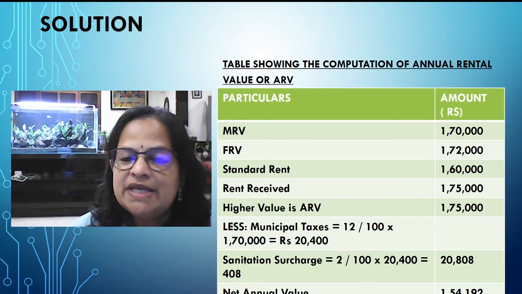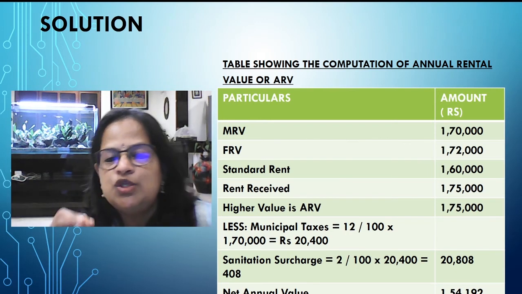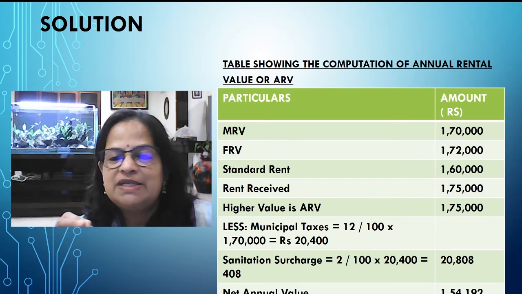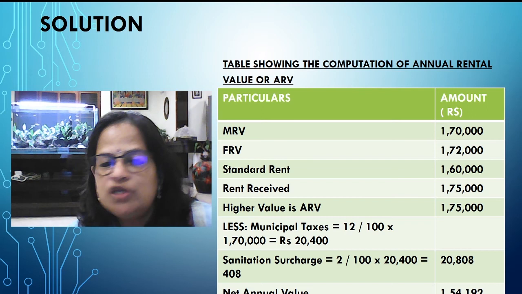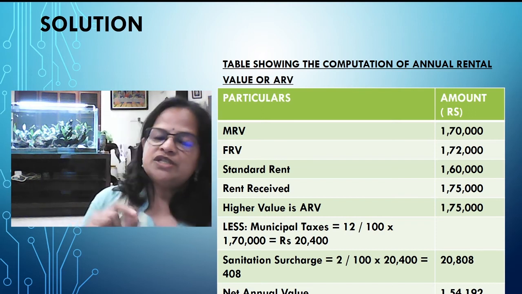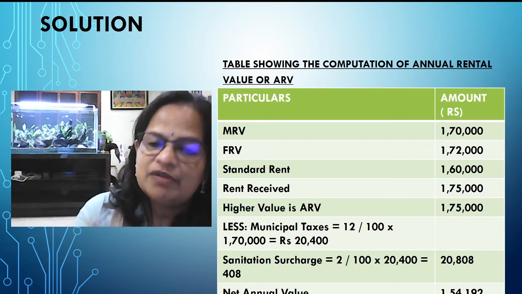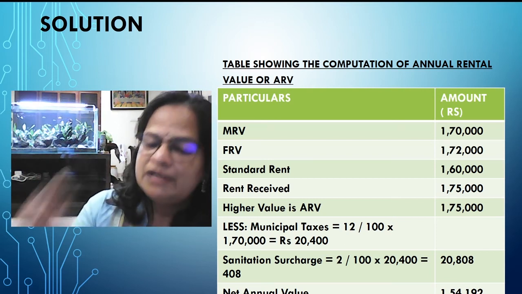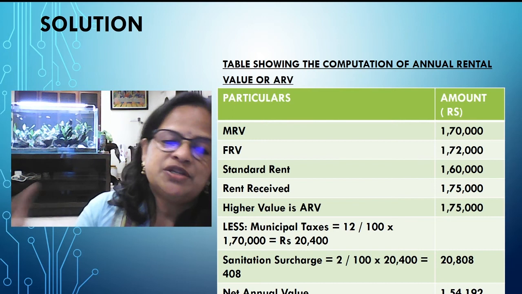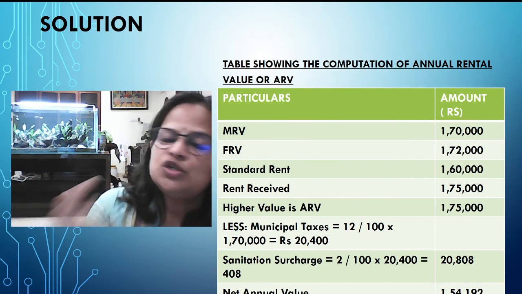So municipal taxes are 12 by 100 into 1,70,000. It is given as 12% of municipal taxes. So it is 20,400. Now the sanitation surcharge. See, the sanitation surcharge is also allowed to be deducted from the annual rental value. See here in Karnataka and elsewhere, what is the garbage collection? They are collecting a certain percentage, and that also we can reduce.